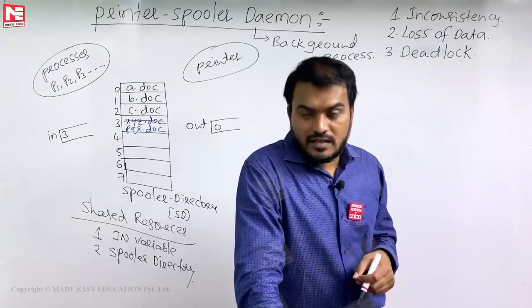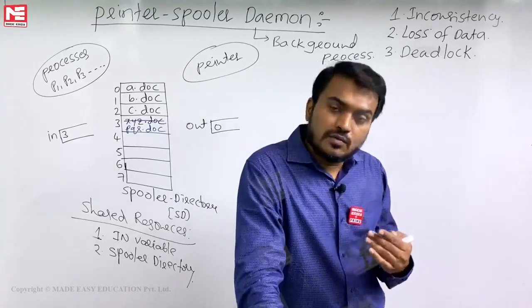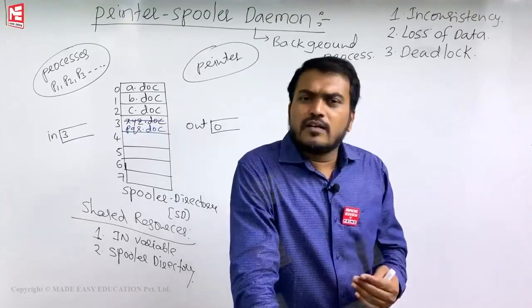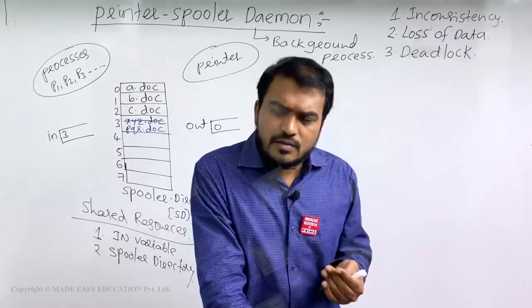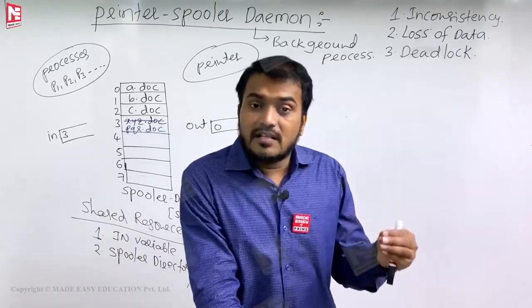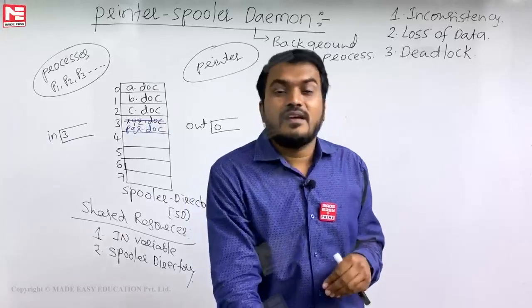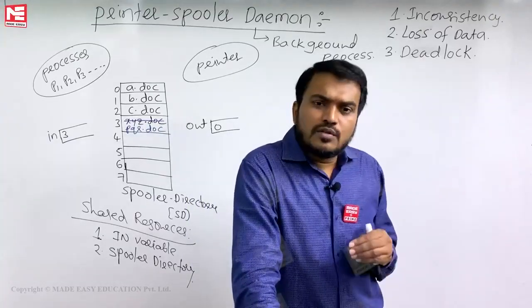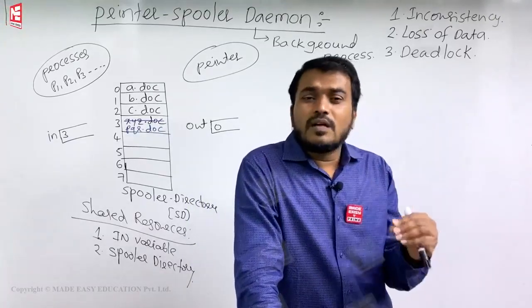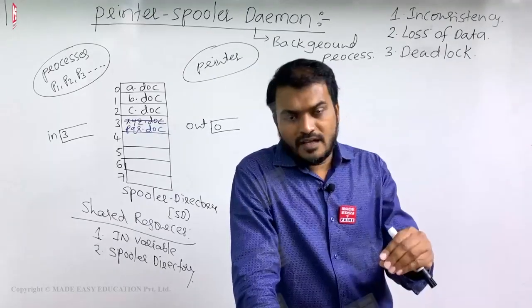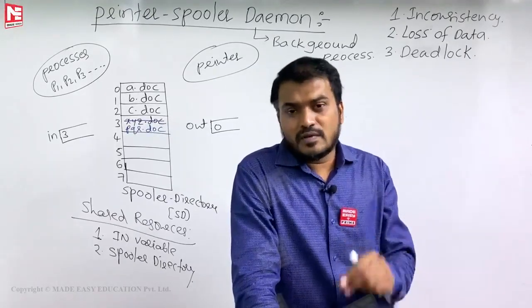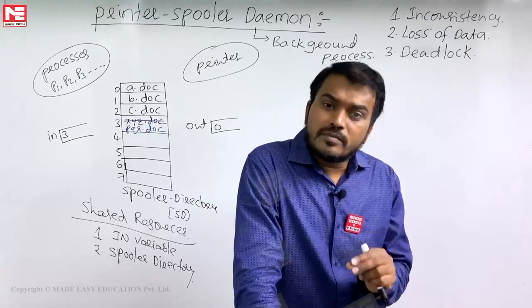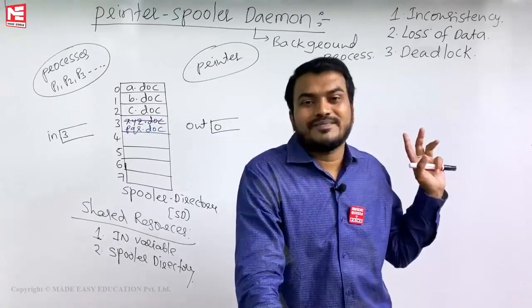You will understand going forward. Going forward, we will discuss many problems and examples in which deadlock will arise. So if you don't have proper synchronization between the processes, it is also possible for deadlock.